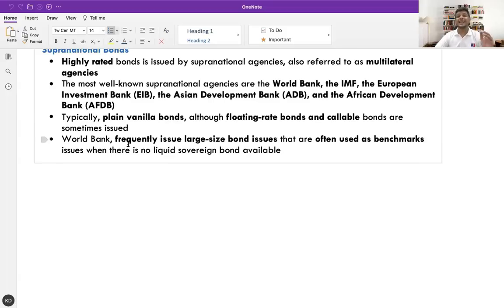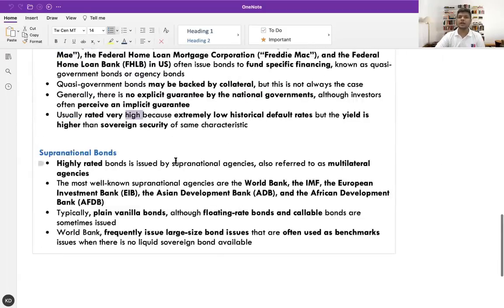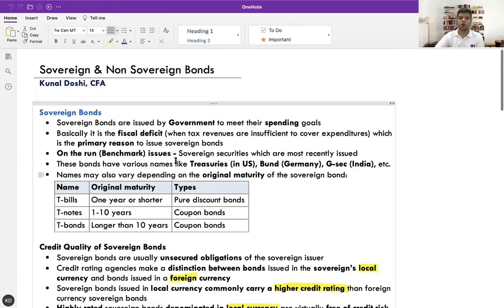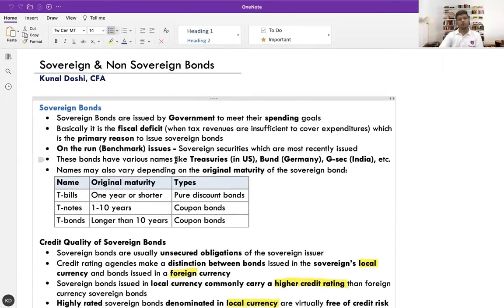The World Bank frequently issues large bond issues, and they often can be used as a benchmark by others. People use US Treasury as a benchmark, and the securities issued by the World Bank can also be considered a benchmark in many cases. Clear? So those are the primary four types of non-corporate bonds, like sovereign and non-sovereign bonds. Everyone clear with this?